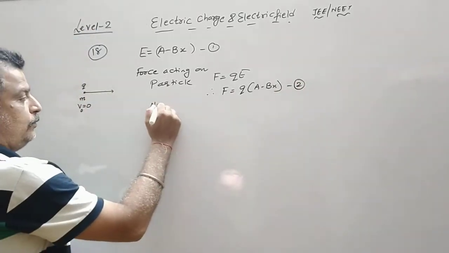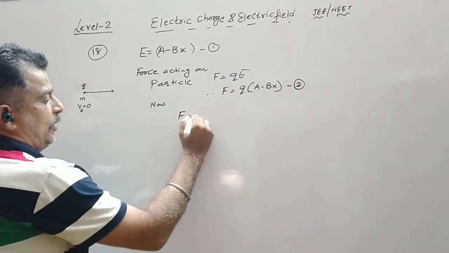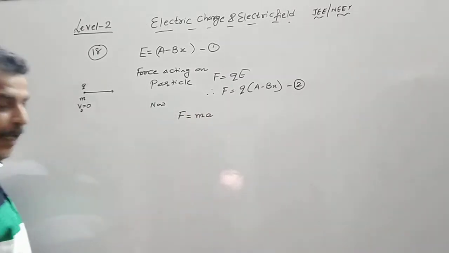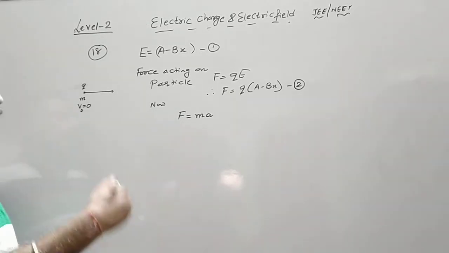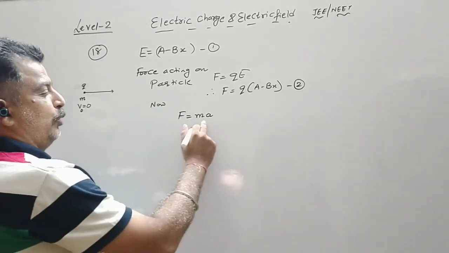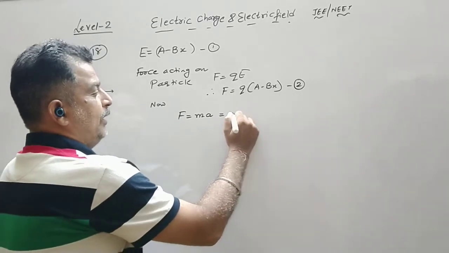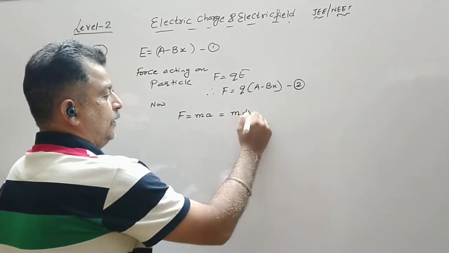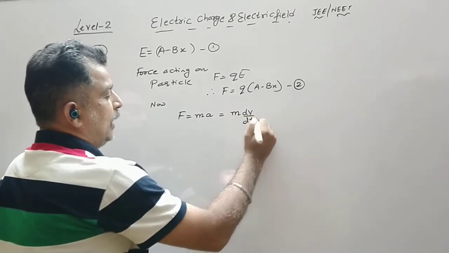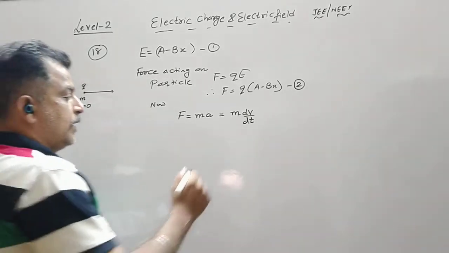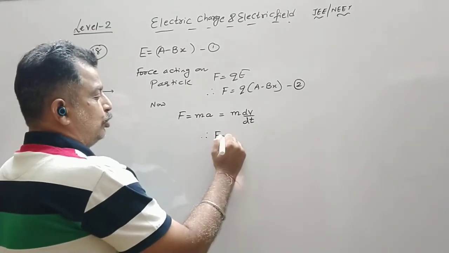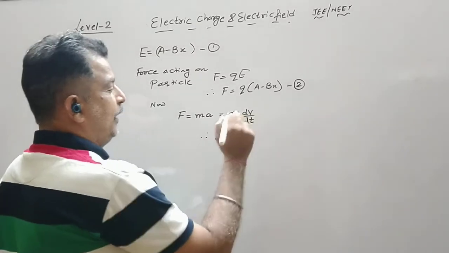Now F is also written as mass into acceleration, because we have to find the distance. So we first have to find the velocity at that instant, which should be equal to 0. So F is equal to mass into acceleration, which can be written as m dV by dt. Because the electric field is variable, the speed will also keep on changing. Therefore F can also be written as m times... now we need a position.